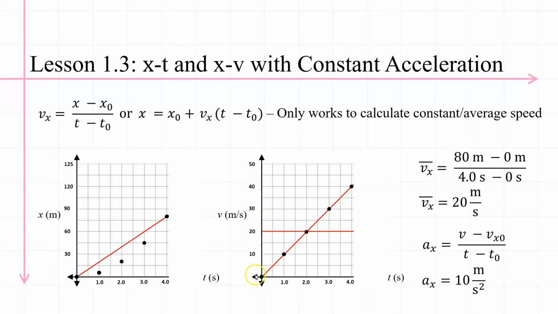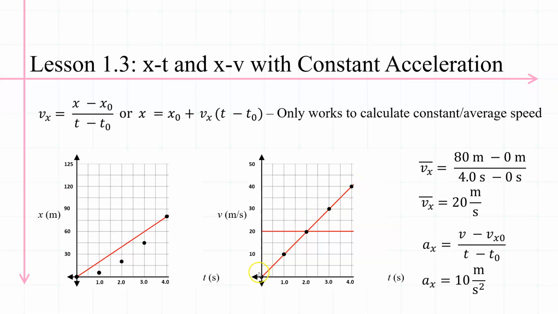First of all, notice that this graph starts at 0, 0 for the actual velocity. My object had an actual initial velocity of 0 meters per second. That's going to be important because the particular relationship I'm going to show you now only applies when your initial velocity is 0, okay? And notice that it's increasing at a constant acceleration to 40 meters per second.